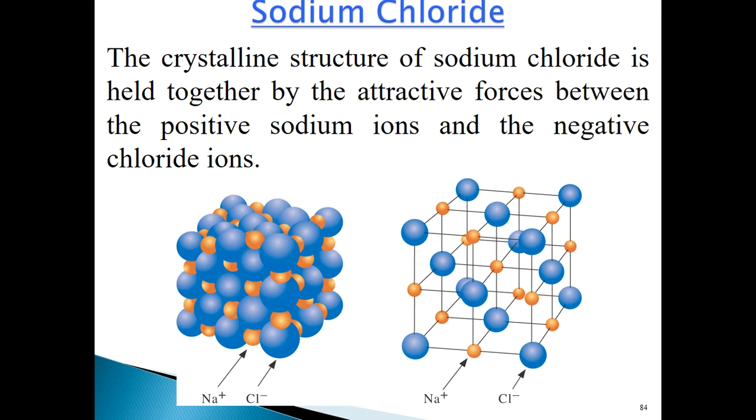You're going to see a regular repeat unit of sodium and chloride ions, and we call this a crystal structure or a crystalline structure of sodium chloride. And this is a common feature of ionic compounds. What you'll see is that they will assemble themselves into a regular ordered structure such that you can actually observe a repeat unit that exists throughout the gross structure of this particular compound.